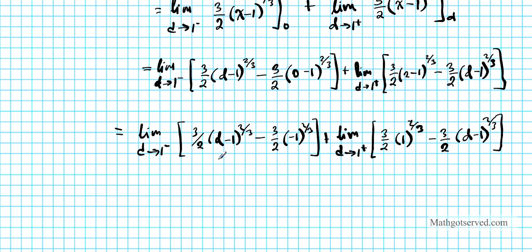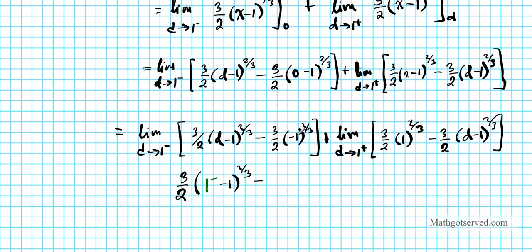Okay, so here I'm going to take the limit as d approaches 1 from the left. So we're going to have 3 over 2 times, let me color this so we don't get confused, minus 1 to the 2/3. This is independent of d, has no d in it, so let's just evaluate it as it is, okay?